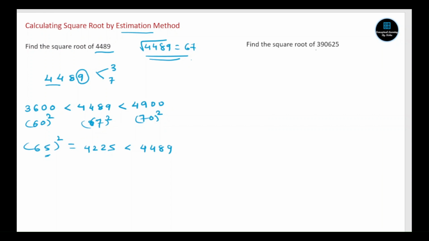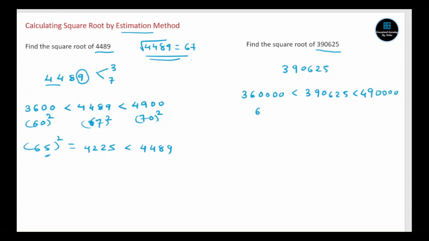Now here this number is given, 390625. Again I'll write the perfect square numbers, which are again 36, and now I'll just keep all the zeros. This is less than 390625, and the next number is 490000.